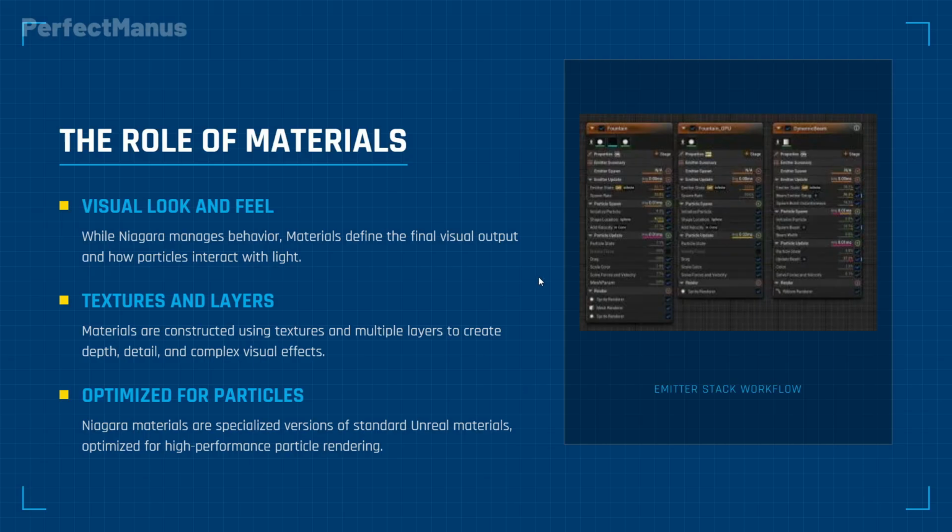Here we have already discussed Niagara. Okay, so to create a Niagara VFX, we already know the Niagara emitters. But for Niagara to work, the other important part is materials. As already discussed, Niagara is your behavior, how your particle will work, whereas your material is how it will look.